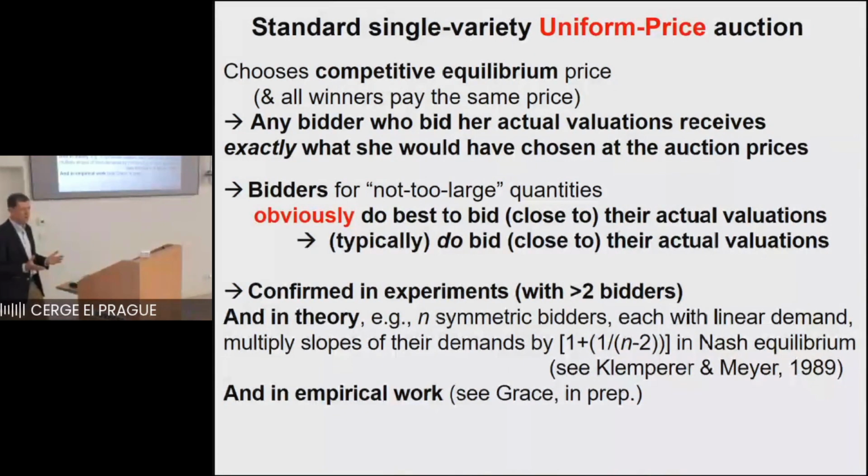In theory, in Nash equilibrium, people do distort their demands a bit. And there's plenty of literature about that, but I will use the example with my very famous co-author, Meg Meyer, which is with linear demand, n symmetric bidders, then people will slope the demand by about 1/n.